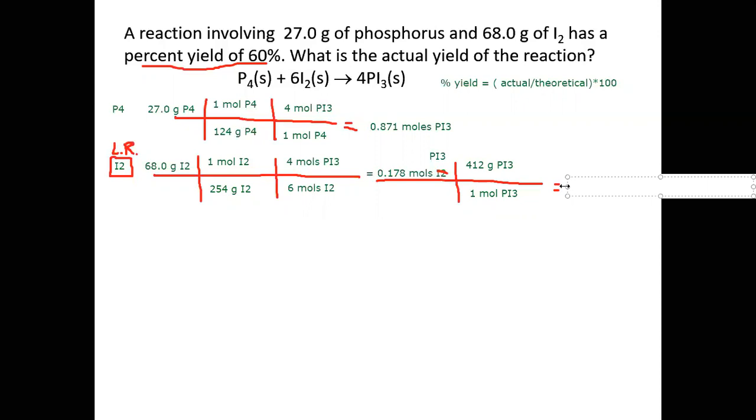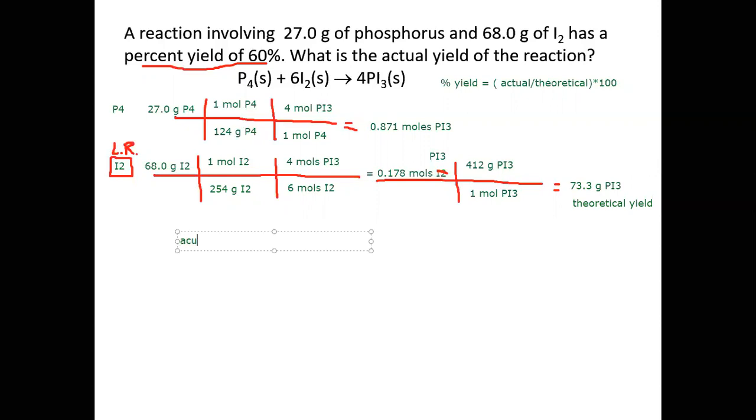And we get 73.3 grams. And again, this is the theoretical yield. So now we have the theoretical, we have the percent yield, we can calculate the actual yield.